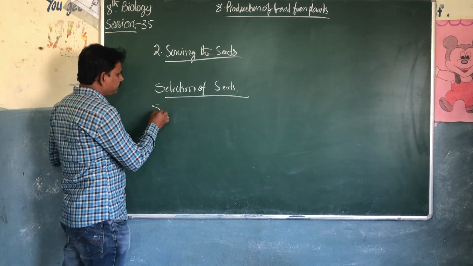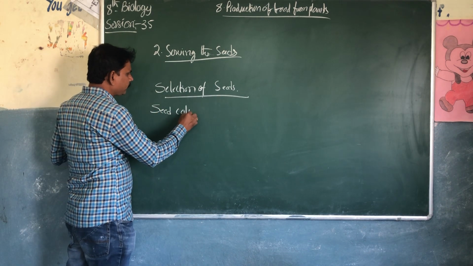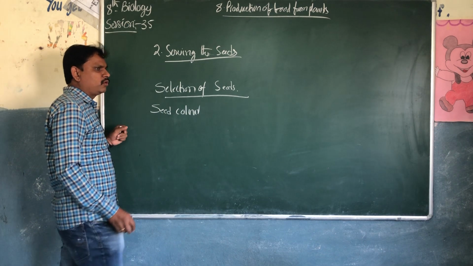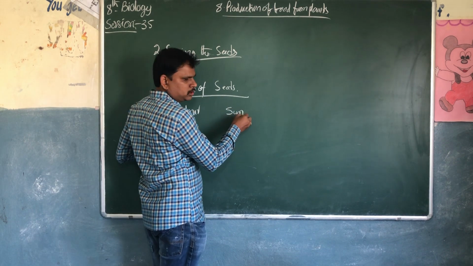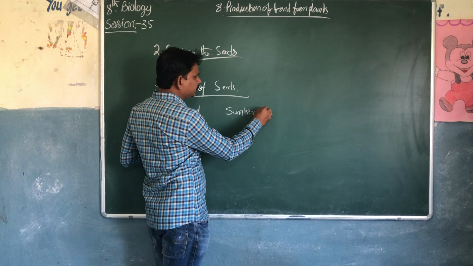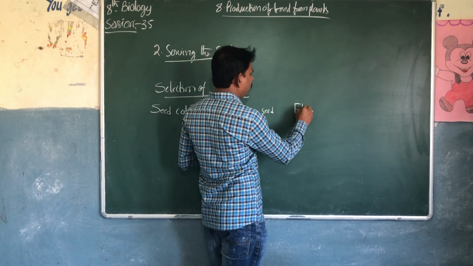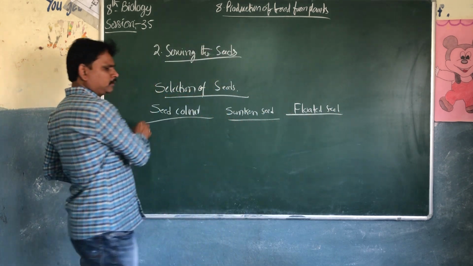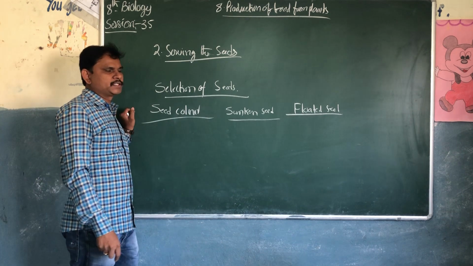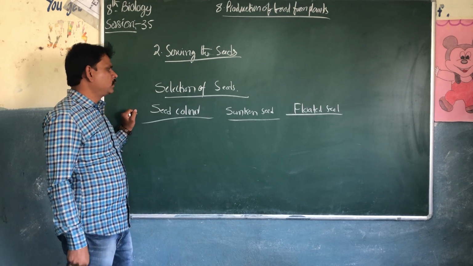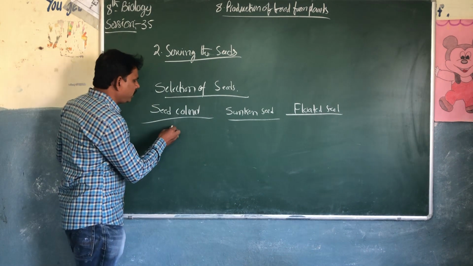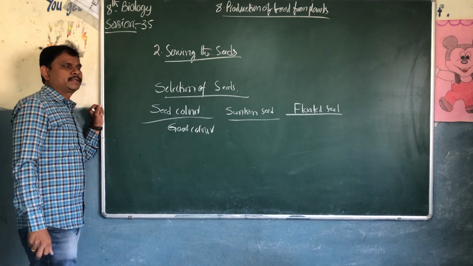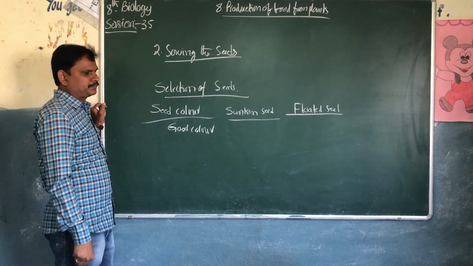Seed color, and whether the seed is a sunken seed or a floated seed. We can do this activity in our home. It's a very easy experiment. The color of the seed should be a good color.